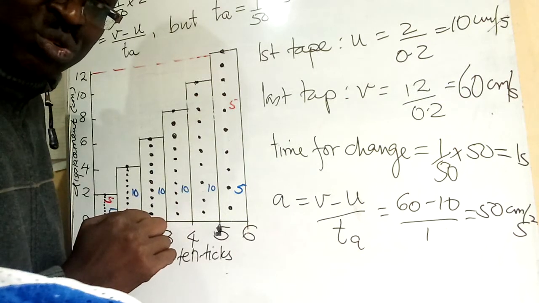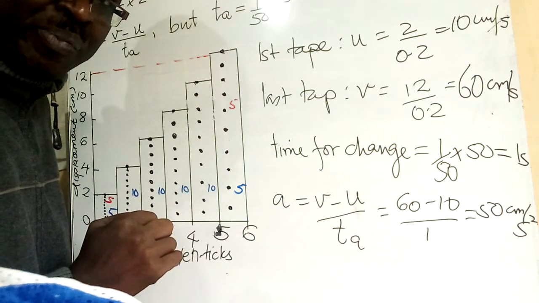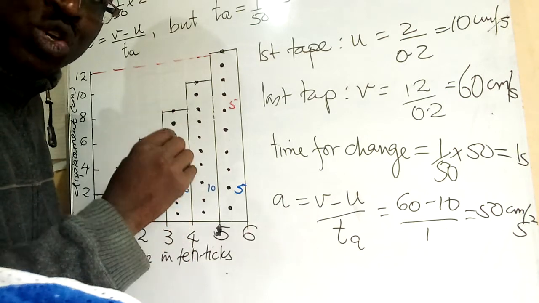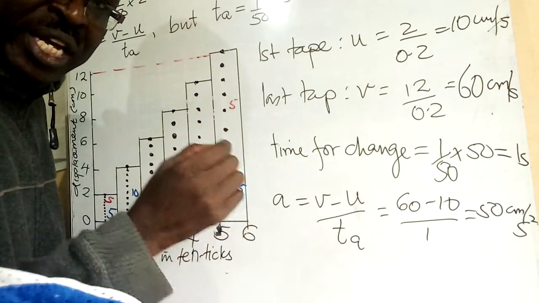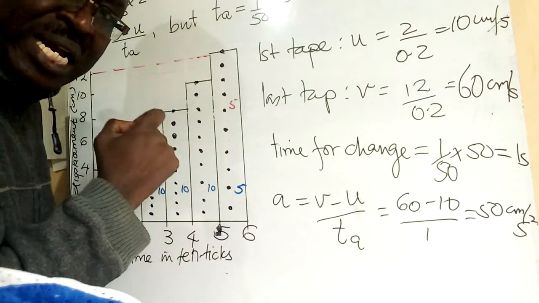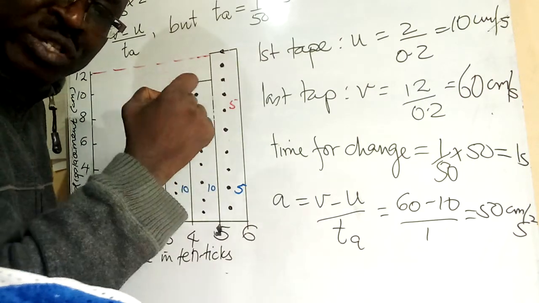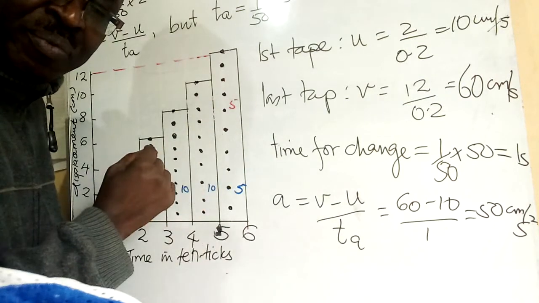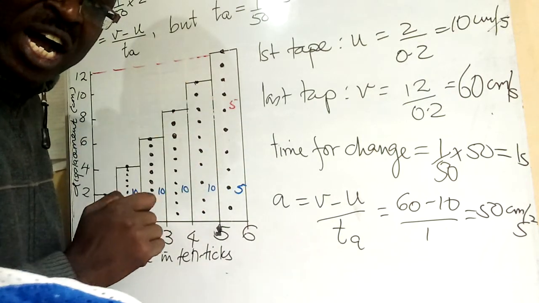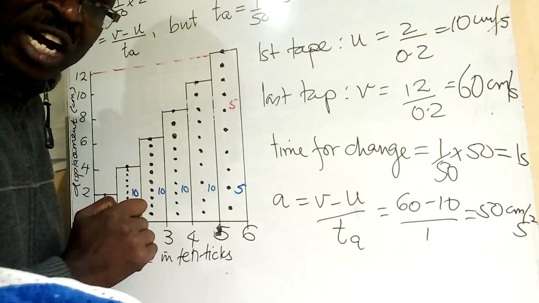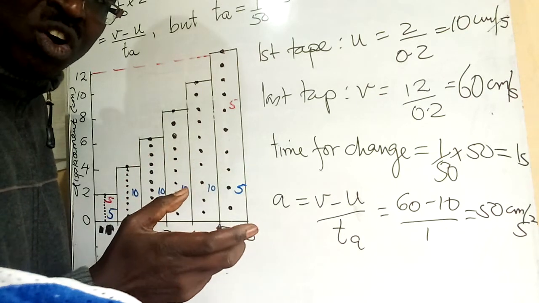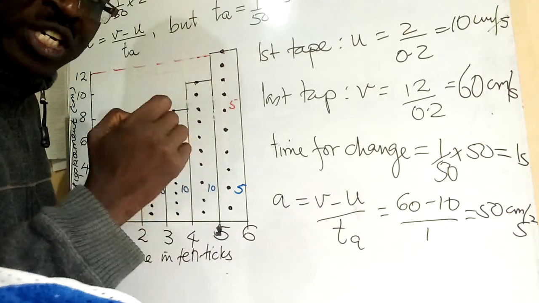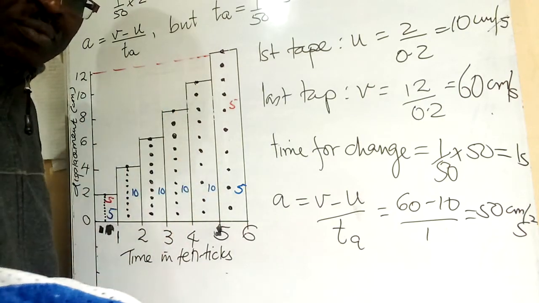A challenge to students is to interpret the time taken from U to V. Remember, it is the middle of U to the middle of V. You count the spaces there, multiply by 1 over F. F can be given as 50 Hz or 100 Hz. So be careful to know what frequency is given.